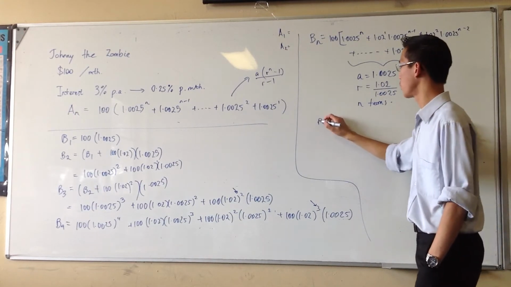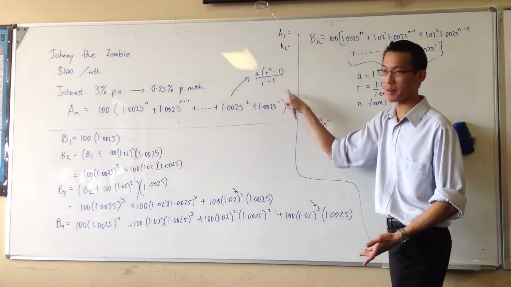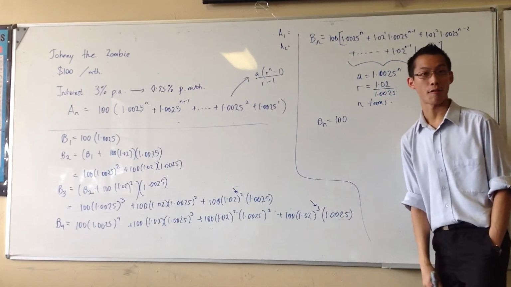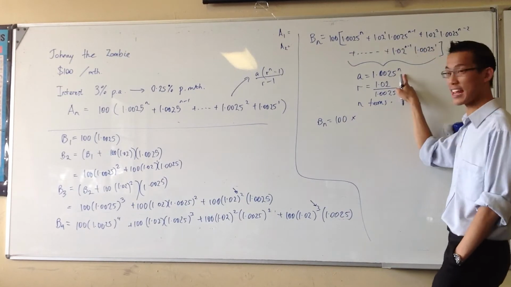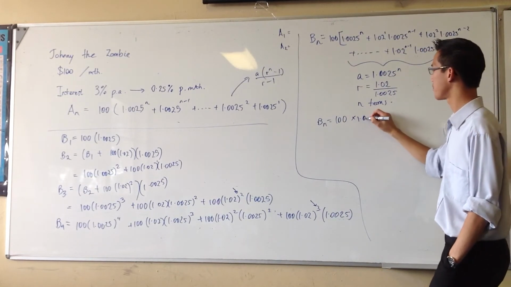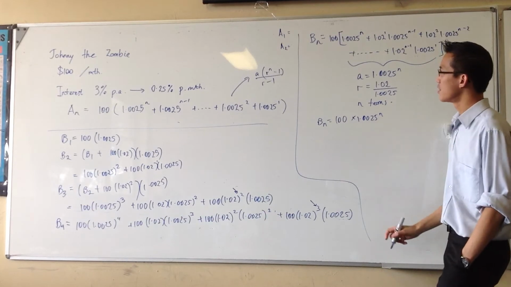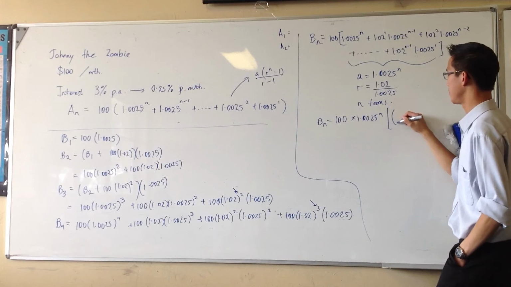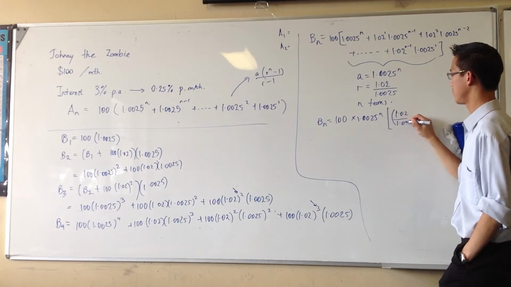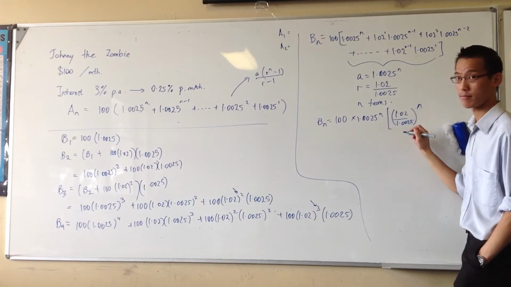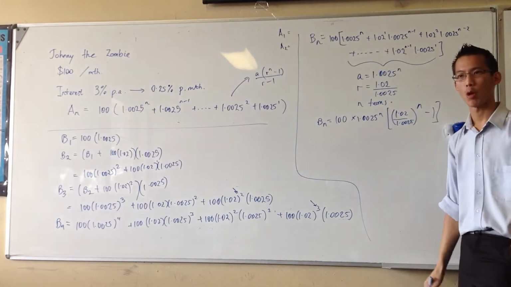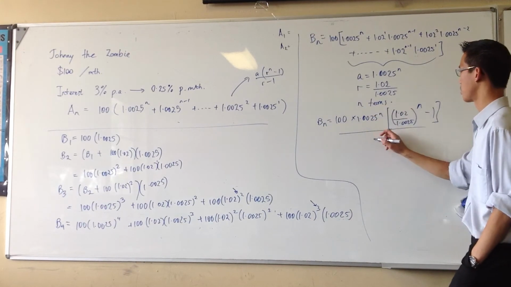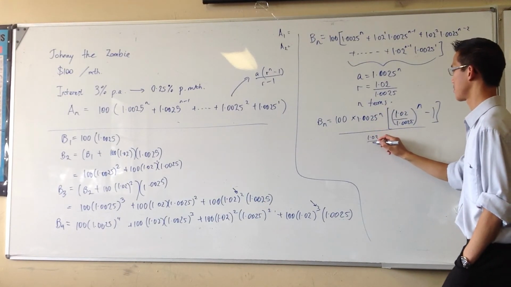So therefore, when I put this into my GP sum formula, I've got the 100 still hanging out the front, times my A, which has an n in it, but that's okay, times R, which is this fraction, all to the power of n, minus 1.